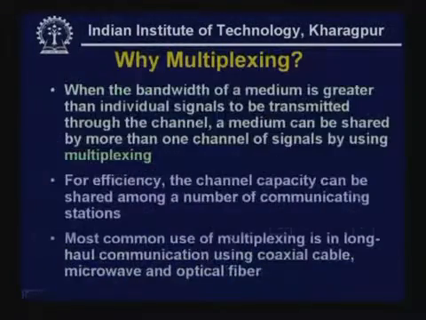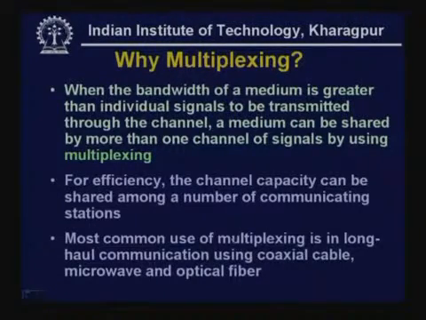So, that means, if we use a link of higher capacity, then we get it at a much lower cost. So, that is the observation. Based on this observation, we can use a technique known as multiplexing.